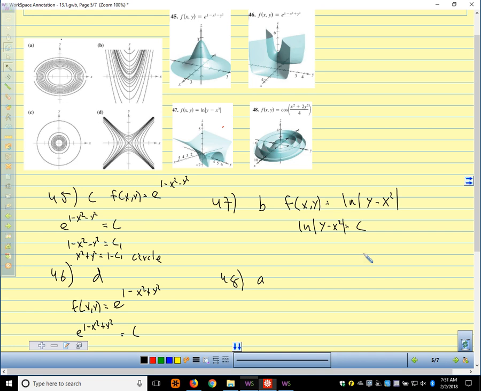Exponentiate or rewrite in exponential form. So we get y minus x squared is plus or minus, I'm taking away this absolute value, e to the c, which is a constant. And then I can rewrite that as y equals x squared plus or minus e to the c. Parabolas.